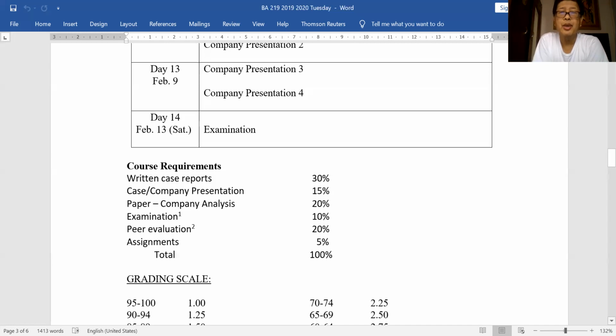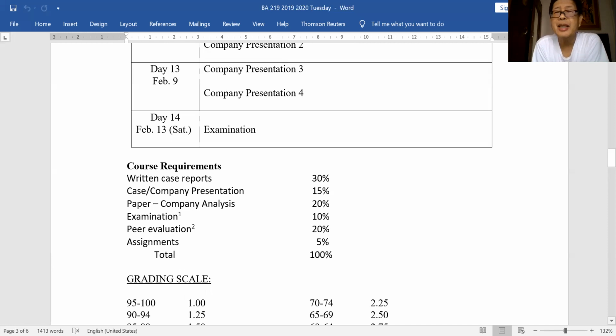So I repeat that. For company analysis, on top of the PowerPoint presentation and the video presentation that you will email me, you're also required to submit a paper. So that's the difference between the company presentations and the case presentations. And then the examination will be 10%.